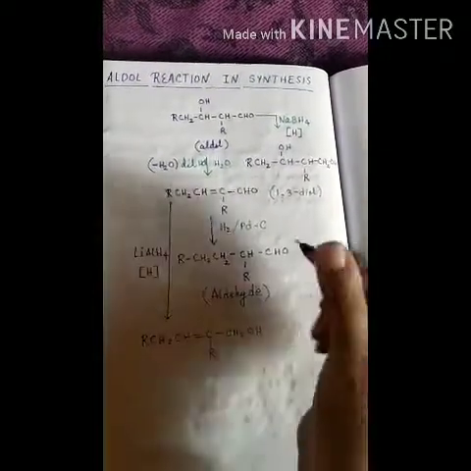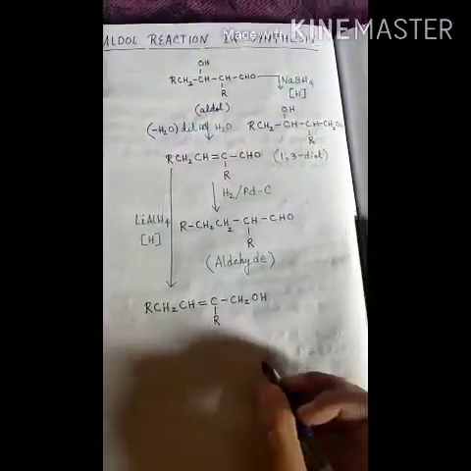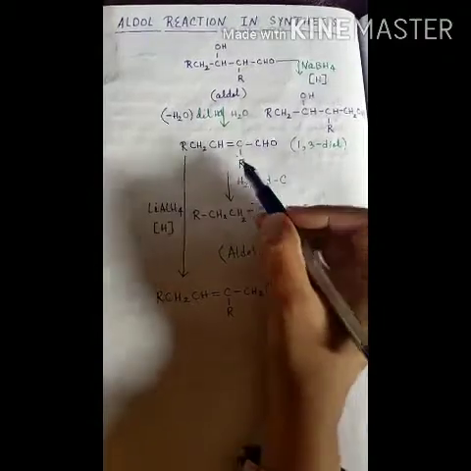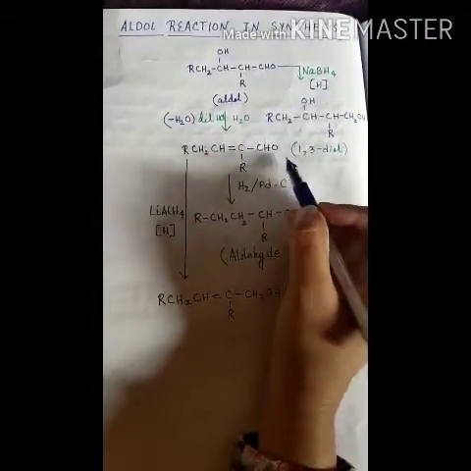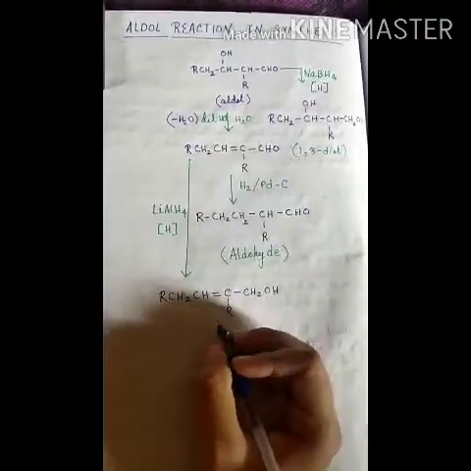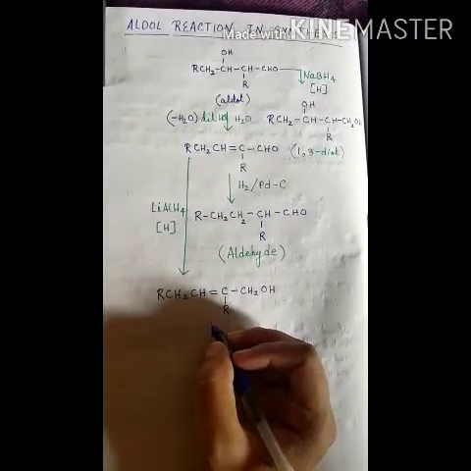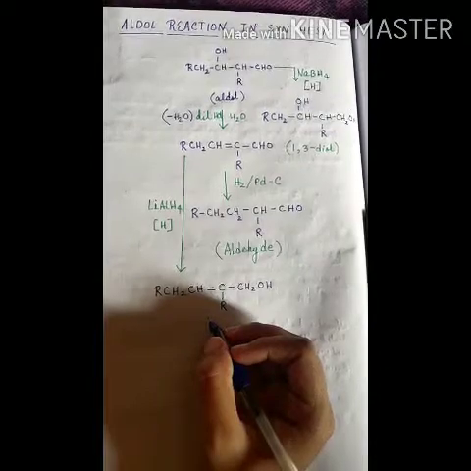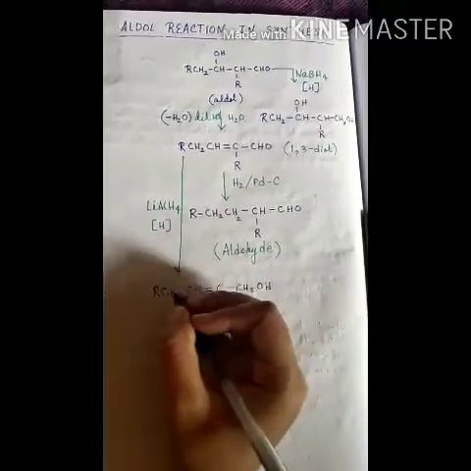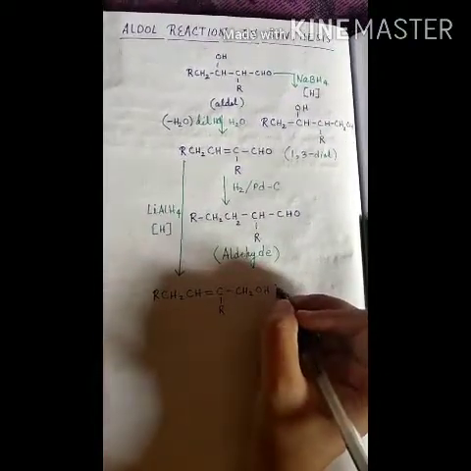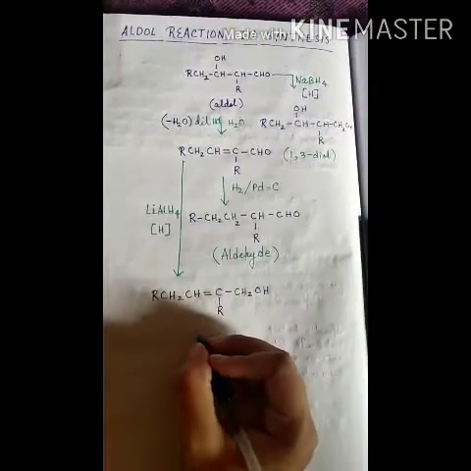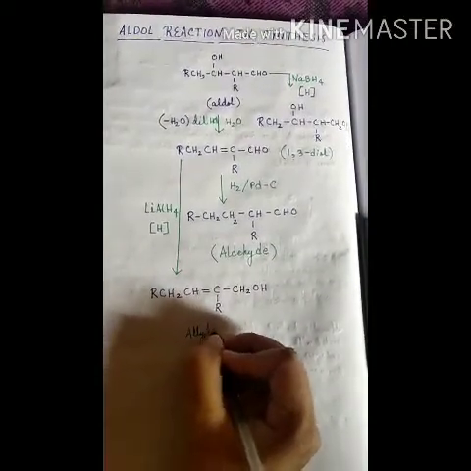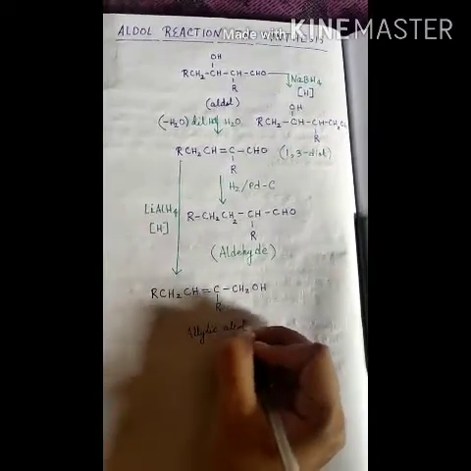So there are two types of reagents that we are using to do the reduction in two different places. Here we have to use this reagent to add up the hydrogen here, this will be remaining intact, and here we will use the reducing agent lithium aluminium hydride, or you can use sodium borohydride, and we will get the reduction only at the aldehyde group, and what we will get? We will get an allylic alcohol, isn't it? We will get an allylic alcohol.